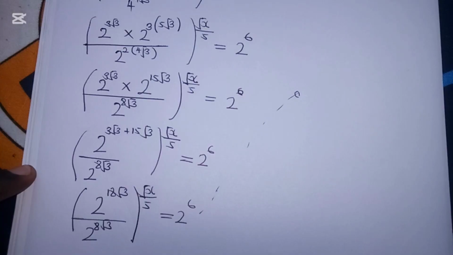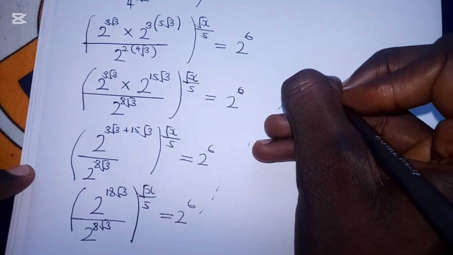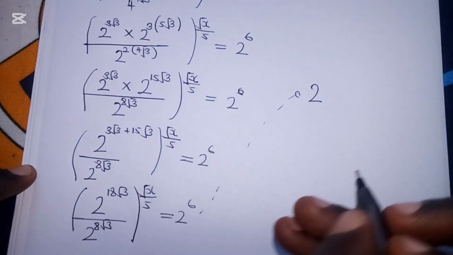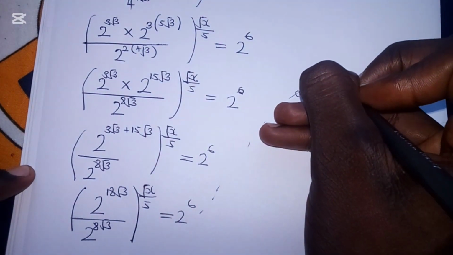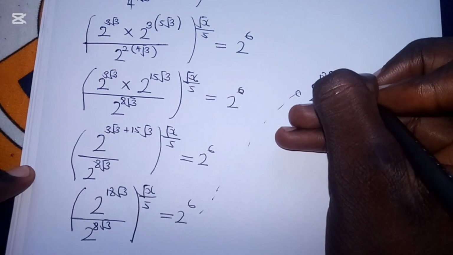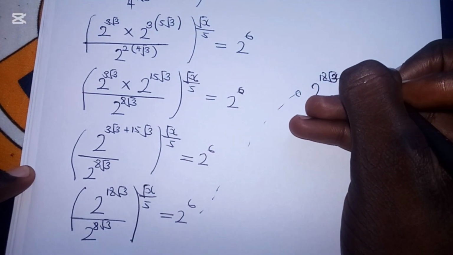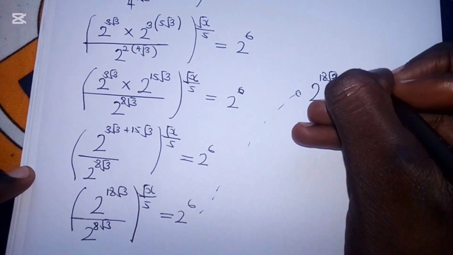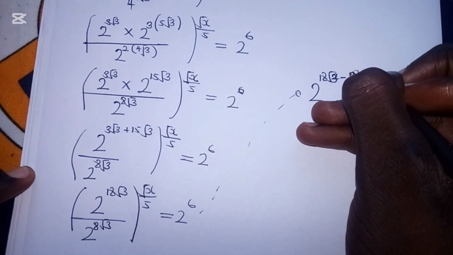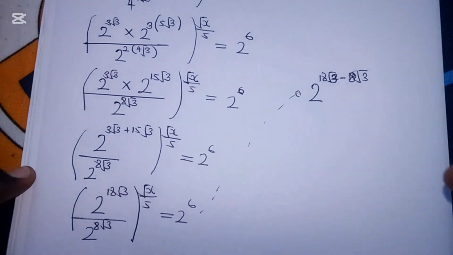Okay, now from this we apply division law of indices, taking one base and subtracting their powers. That is to say 2 raised to the power, now we subtract their powers, we say 18 root 3 minus 8 root 3.